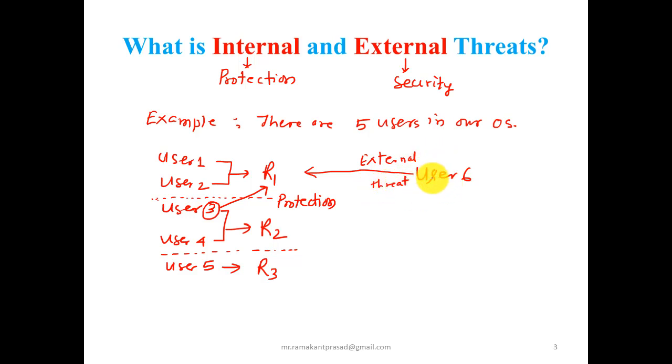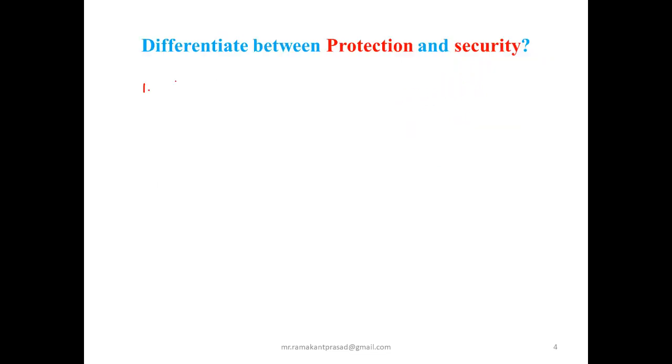Since user 6 is not part of the operating system and is not an authorized user, such kinds of threats come under external threats, and all external threats are handled by security.